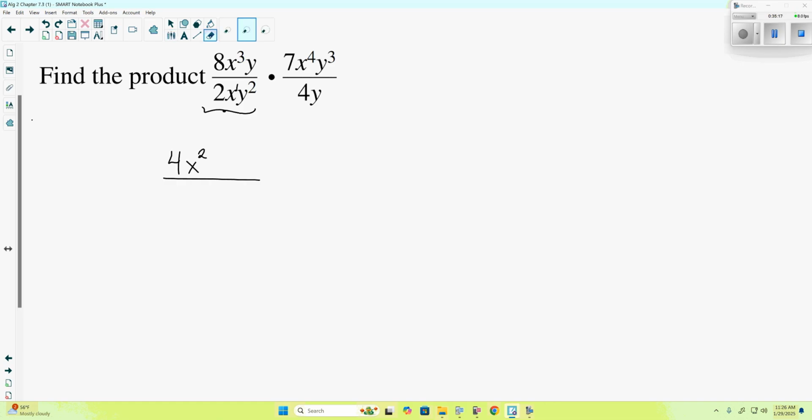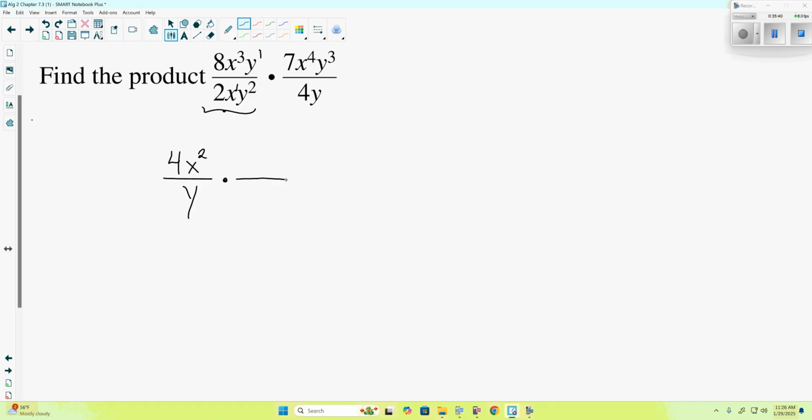So if it was bigger on bottom, it would stay on the bottom. So let's look at y. We have y over y squared. Exponent on top is 1. Bottom is 2. So 2 minus 1, is it bigger on top or bottom? So it stays on bottom.